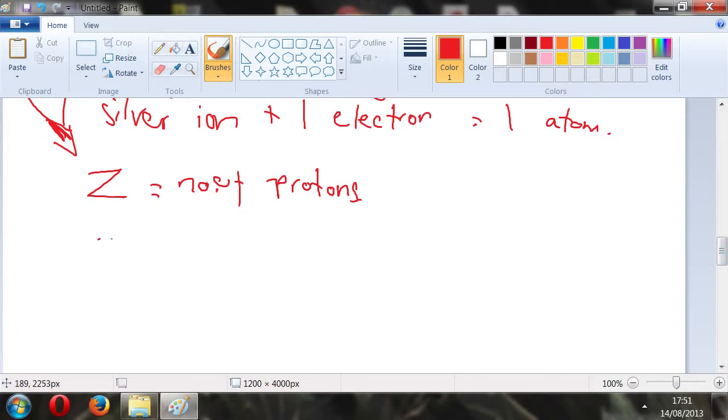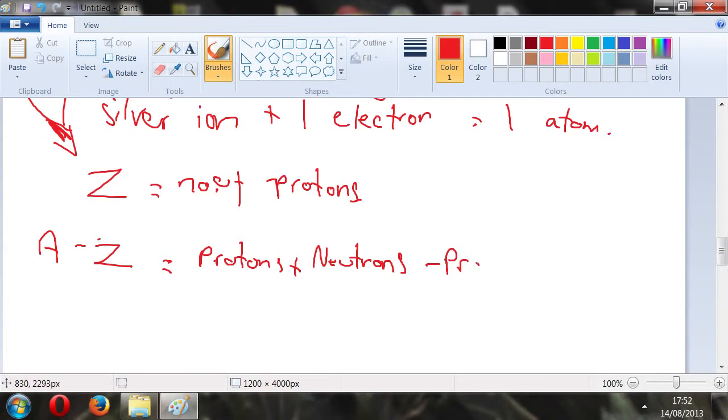The number of neutrons is A minus Z. The mass number is the protons plus the neutrons, so that's just saying protons plus neutrons minus protons. That's all it's really saying: the number of neutrons.